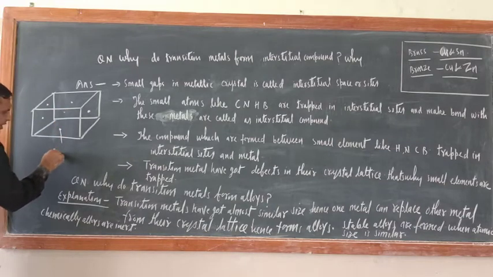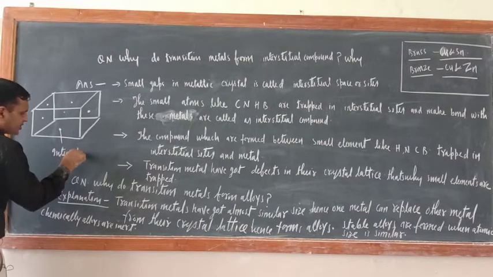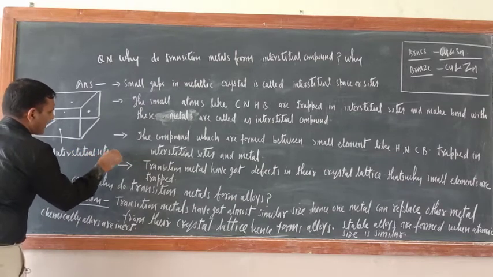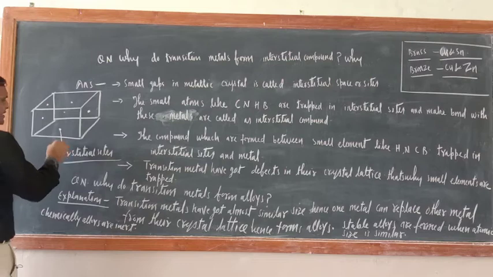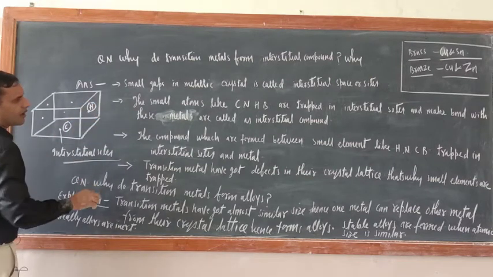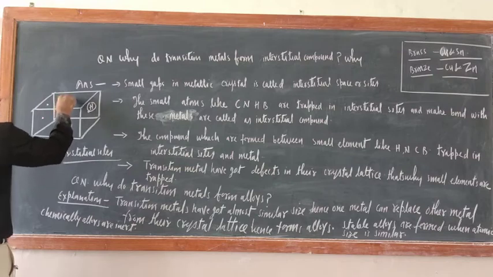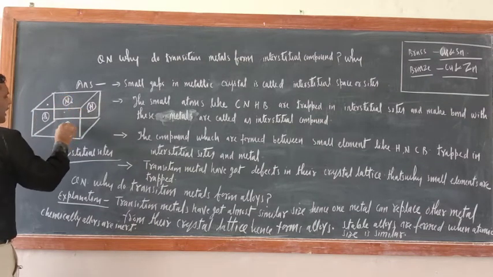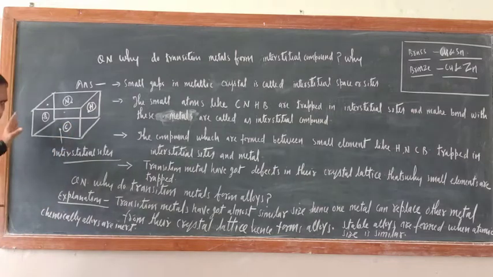This is interstitial sites or gaps. Some small elements like carbon, hydrogen, nitrogen and boron are trapped here.